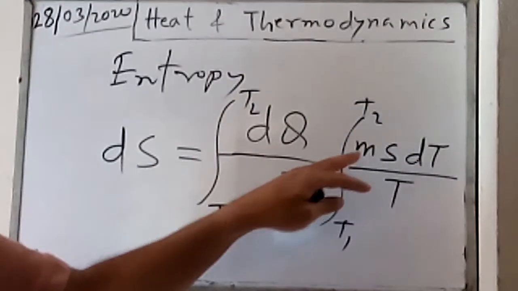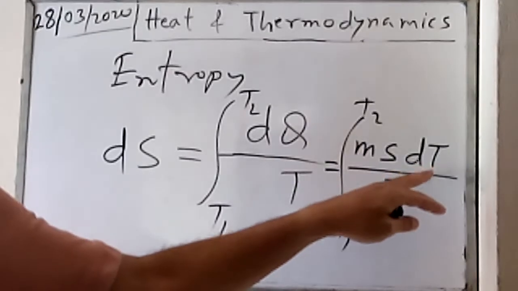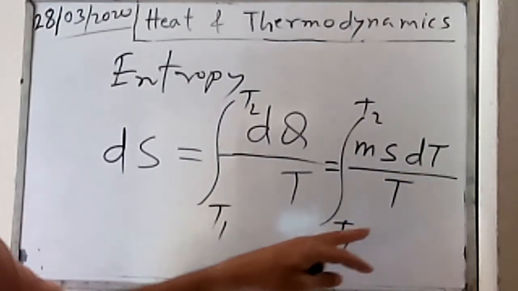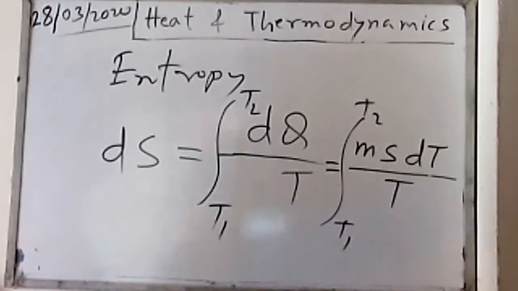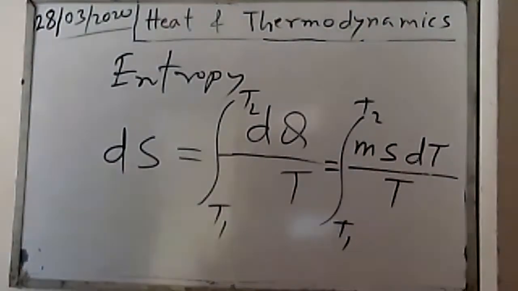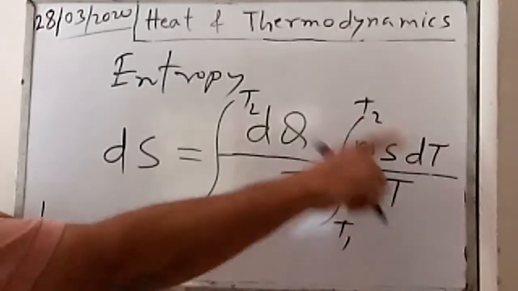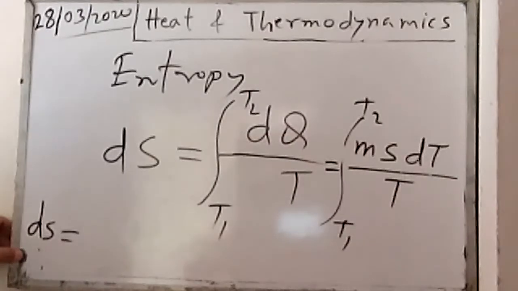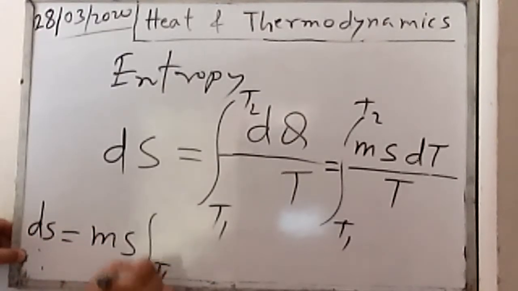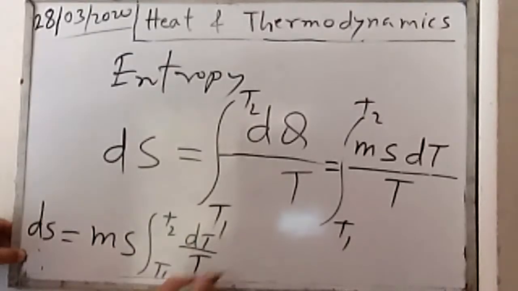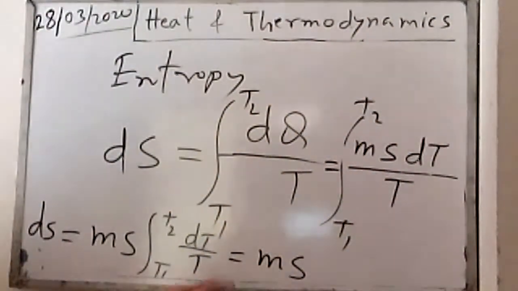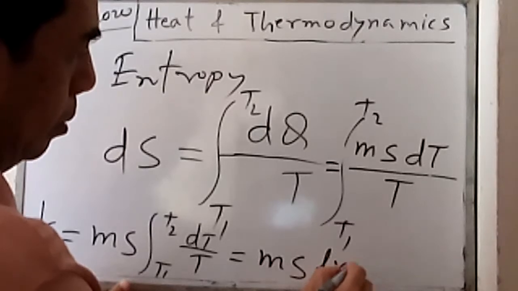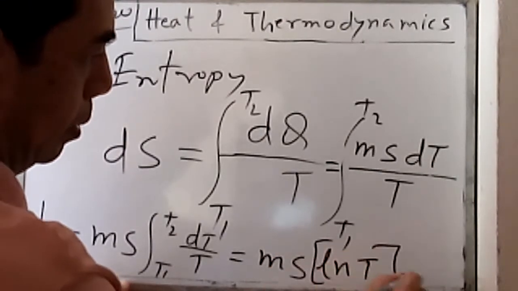Now you can integrate dT by T, and you will get S equal to ms integral from T1 to T2 of dT by T, equal to ms, mass and specific heat, and ln T from T1 to T2.